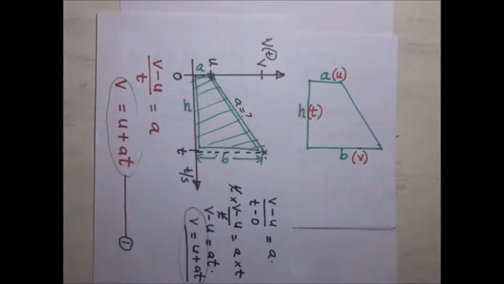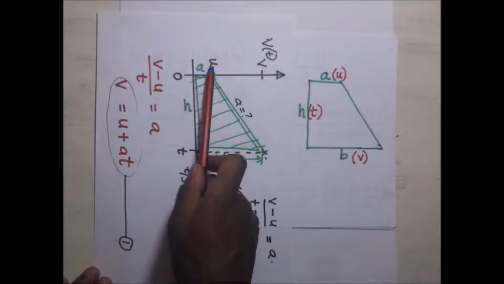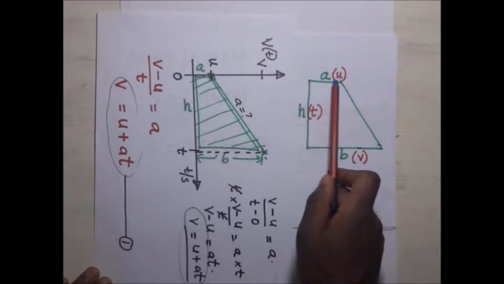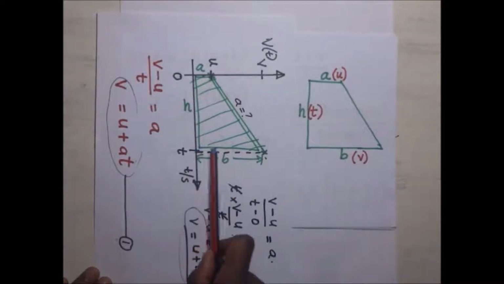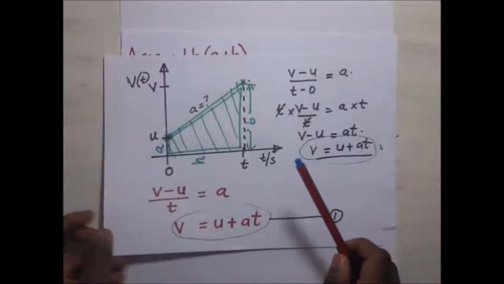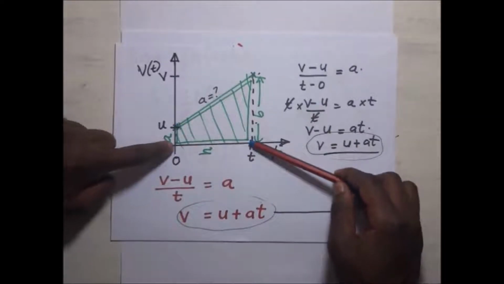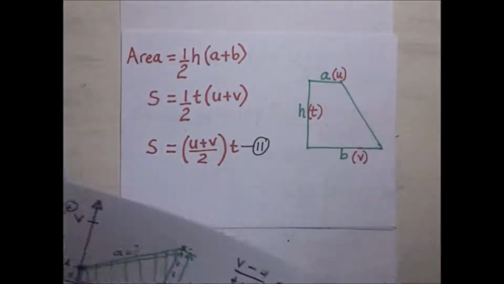Then here it is coinciding with u, because from here to there the length is u, the initial velocity, so our value of a is corresponding to the value of u, and then our value of b here is corresponding to our value of v. This is v, this is u, and this is our value of t. And I have extrapolated this and put it there like that.